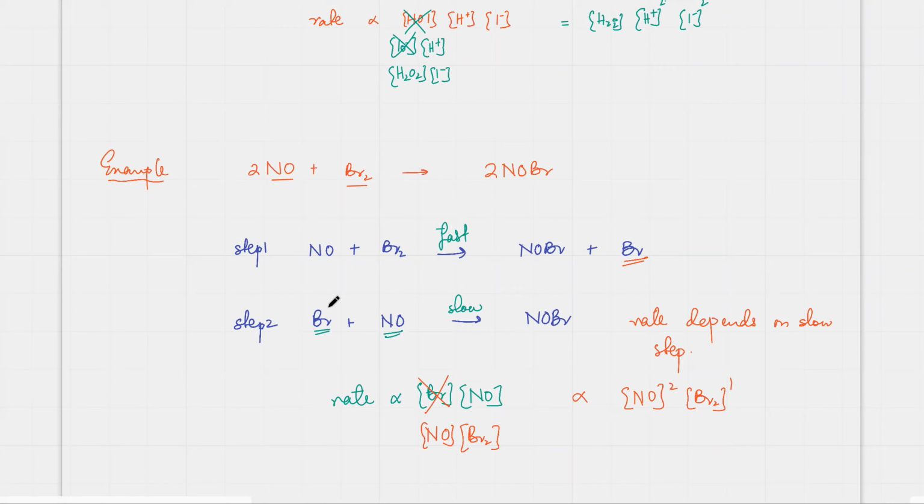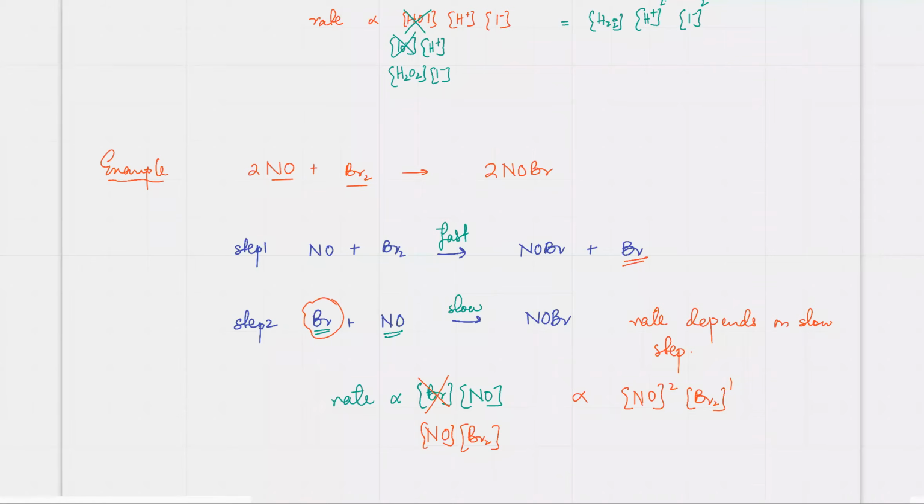So if BR's concentration doubles, then the reaction would speed up, but it's only going to speed up once. So it's just a linear relationship. BR is only appearing once in the slow step. So that's how it's going to affect the slow step. It would speed up the reaction.